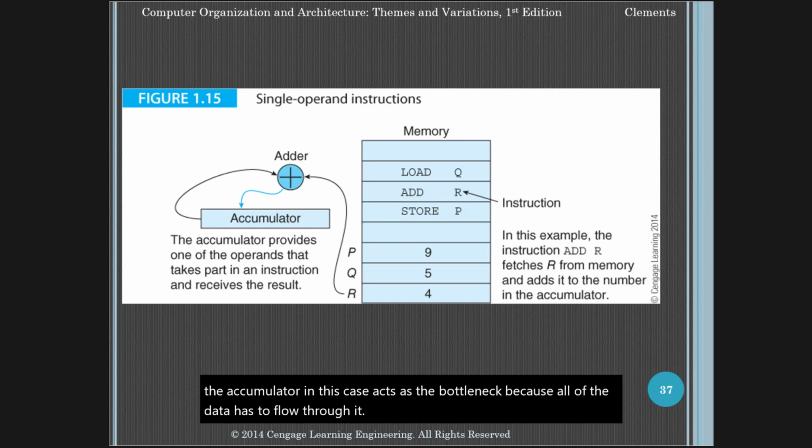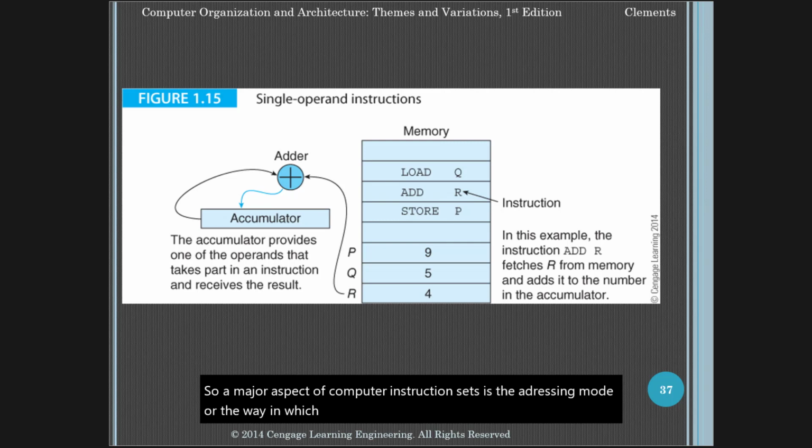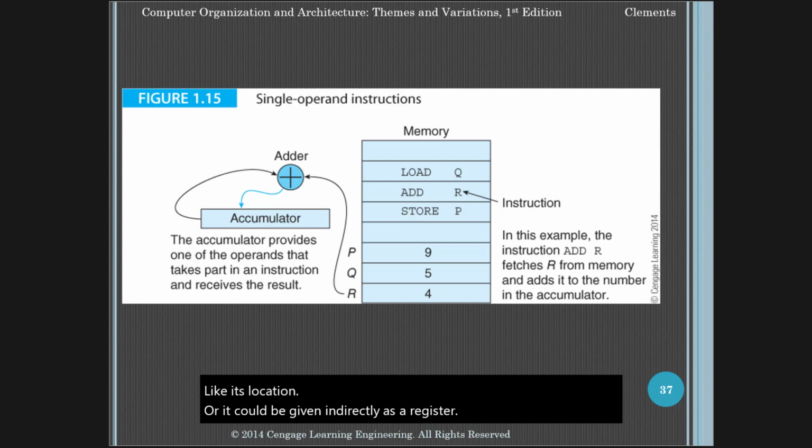So a major aspect of computer instruction sets is the addressing mode, or the way in which we specify the location of an operand. The location of the operand may be given directly, like its location, or it could be given indirectly as a register, and we'll dig a little deeper into addressing as we go on.